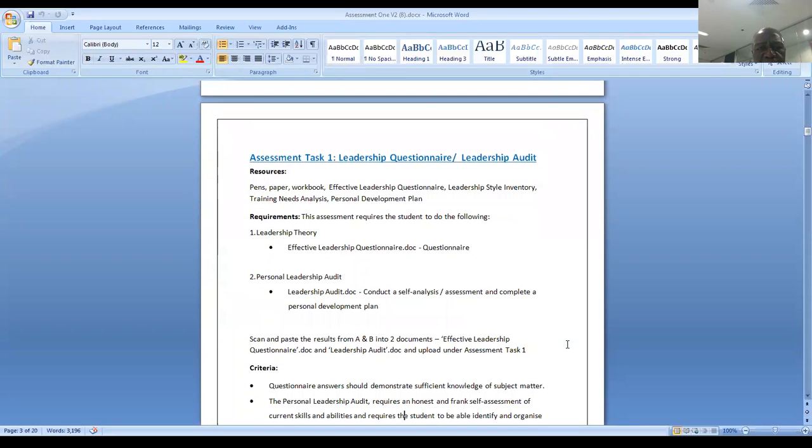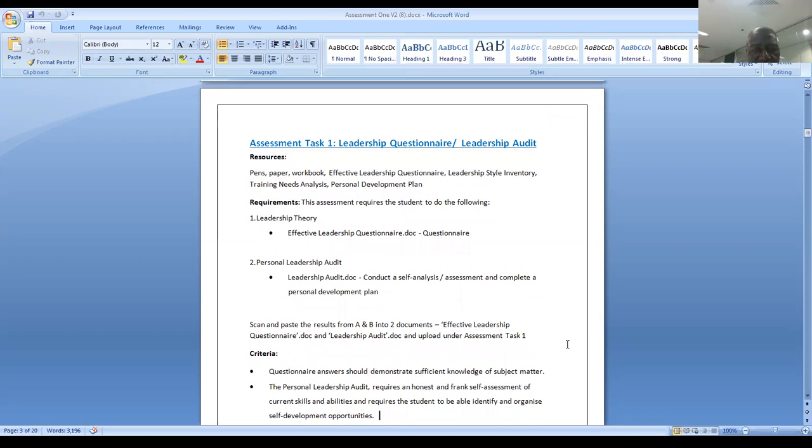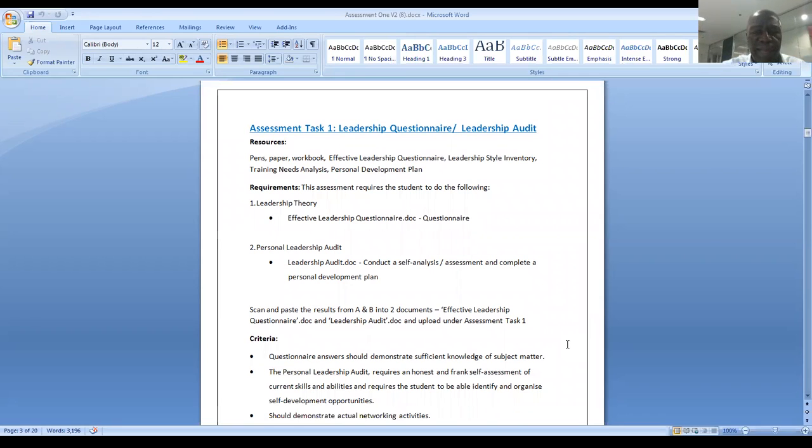So the requirements. This assessment requires the student to do the following. Number 1, leadership theory, which is the effective leadership questionnaire in the document there. And number 2, personal leadership audit, where you conduct self-analysis and assessment and complete a leadership plan. Scan and paste the results from A and B into the documents, effective leadership questionnaire, and upload them to task 1.